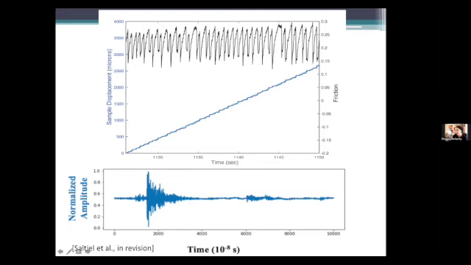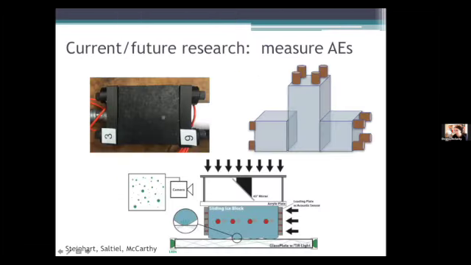In the future, we're hoping to get a really better sense of what's going on at the interface, using the state of the art to determine the nature of this interface. Where does healing happen? Where does initiation of slip occur during events?